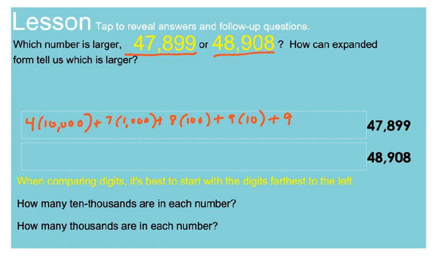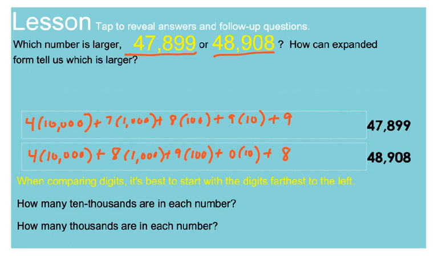We can do that same thing with the next number. We can think about the 4 being in the 10,000s place, the 8 being in the thousands place, the 9 being in the hundreds place, plus 0. So you can put 0 in the tens place, plus 8.